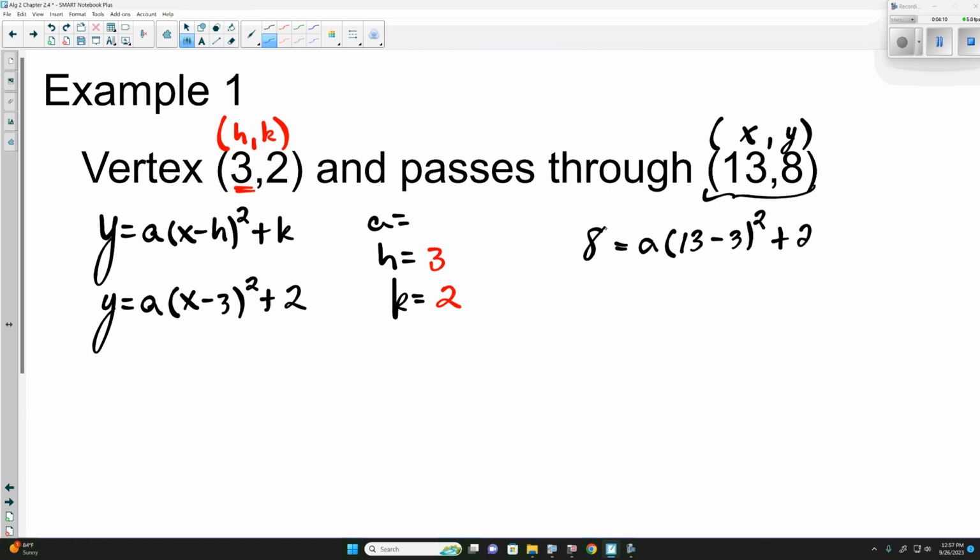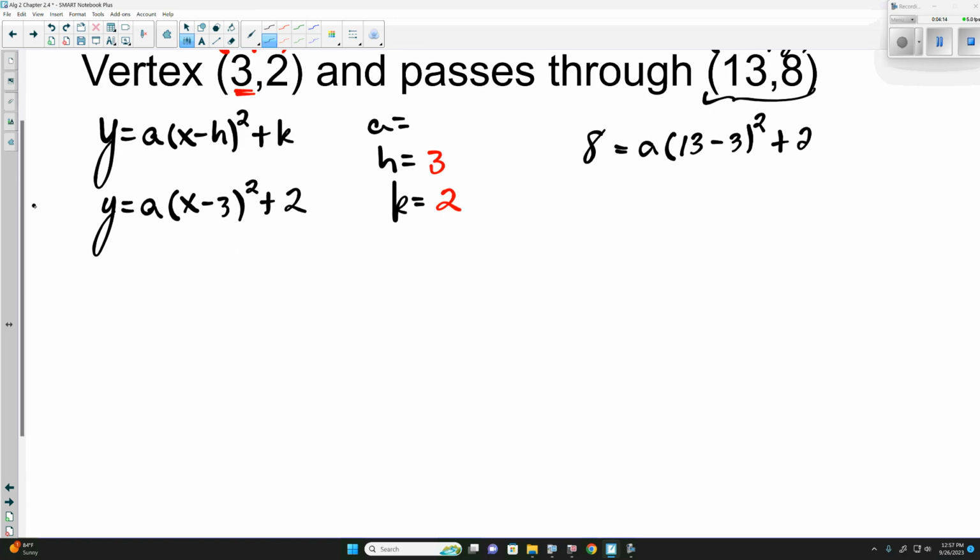So what we'll do to find the value of a is plug that point into the equation we have right here. And when we do that, the only variable left in the equation is a itself. So to find the value of a, we plug the point that the parabola passes through into it, and then solve for the value of a.